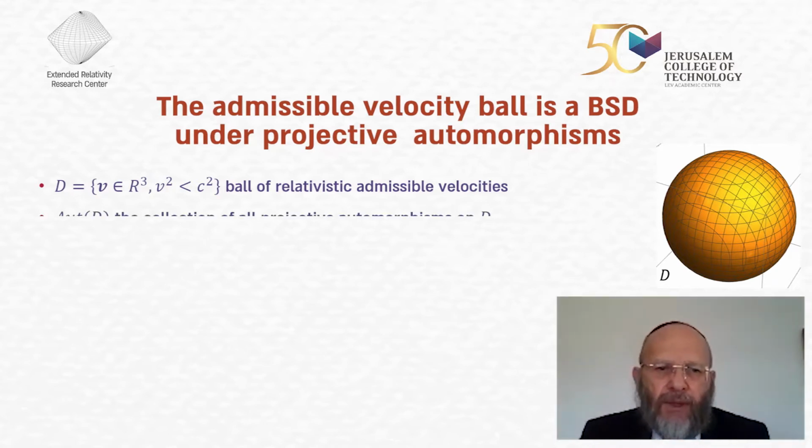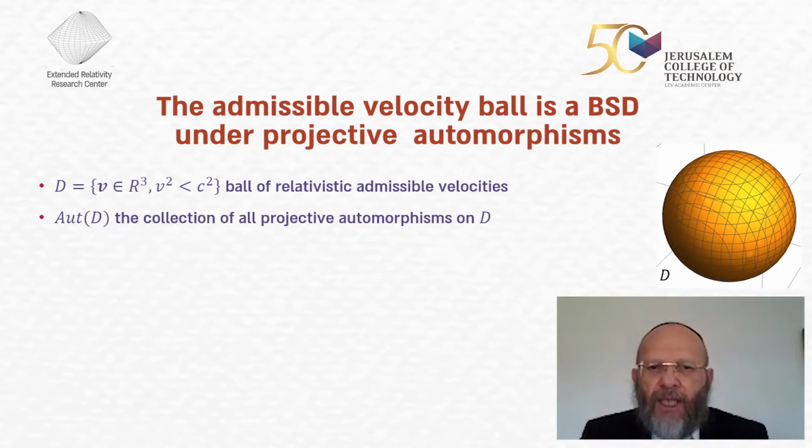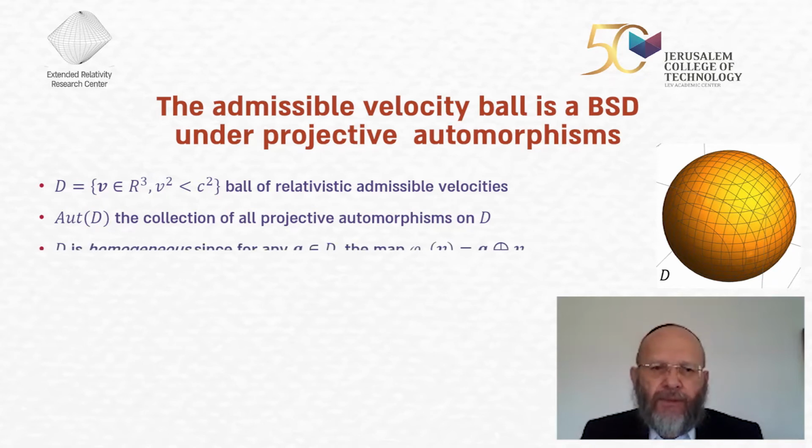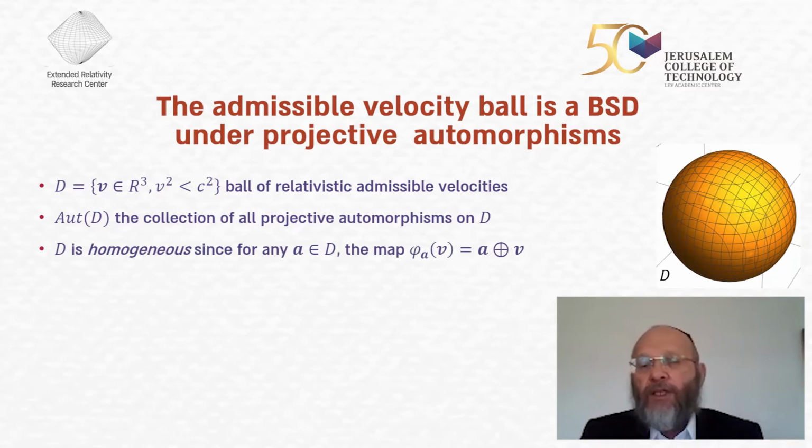Now, the automorphism group of D is the collection of all projective automorphisms of D. Remember, we have seen that the Lorentz transformations act by projective automorphisms. They take the ball into itself, and therefore they generate the automorphisms of D. Now, this is homogeneous. Let me show why.